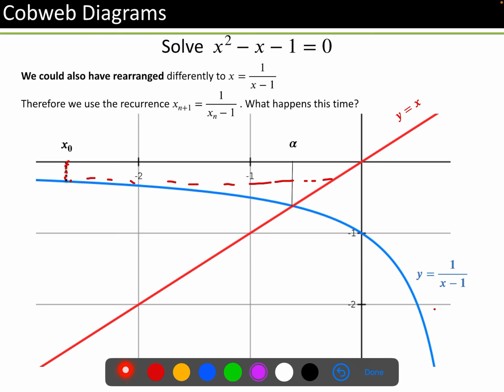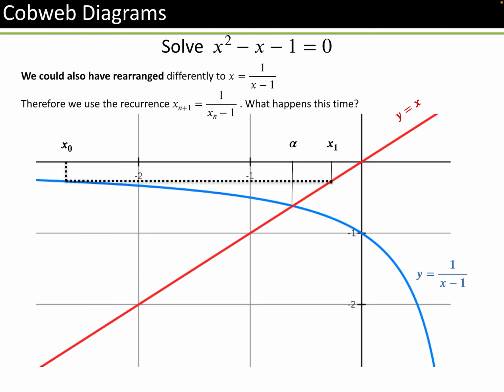So we're going to go vertical until we hit the other line. What should we do there? Well, we'll go horizontal until the other line, and vertical, and horizontal, and vertical, and so on and so on. So do you see, it seems like I'm convergent on that value there, which is exactly what's going on. So here's the neat version.